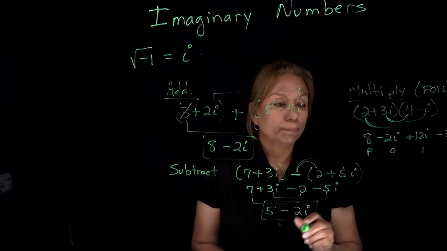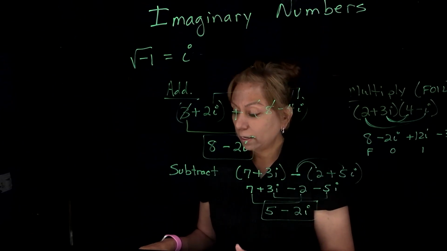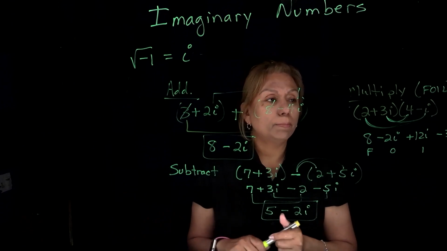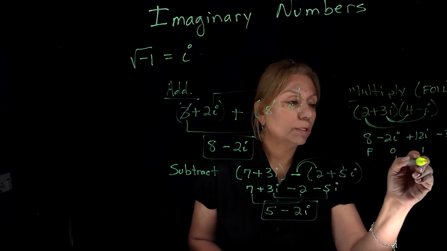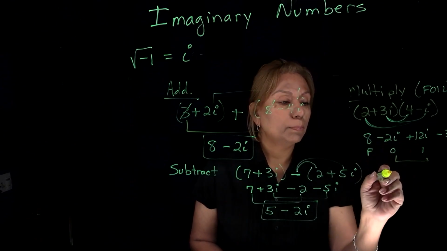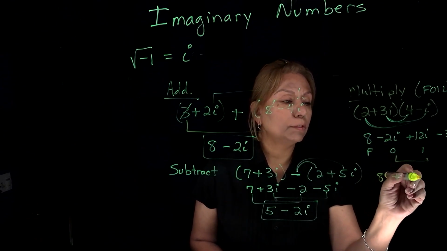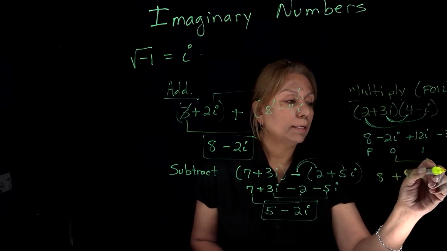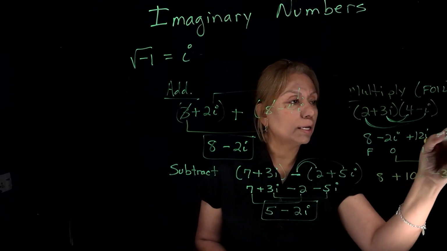That's my L. Okay, so now in order for it to be simplified, we combine like terms. The O and the I are like terms. I'll bring my 8 down. Negative 2i plus 12i would be positive 10i. This would be minus 3, but look, we got an i squared.